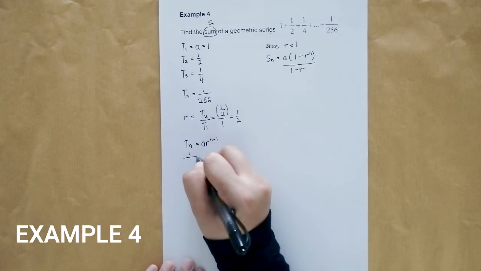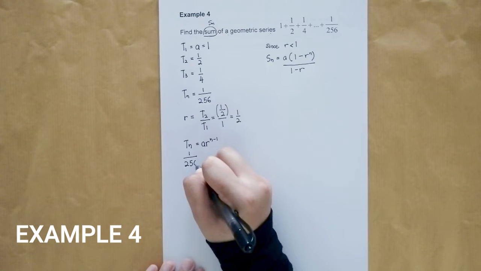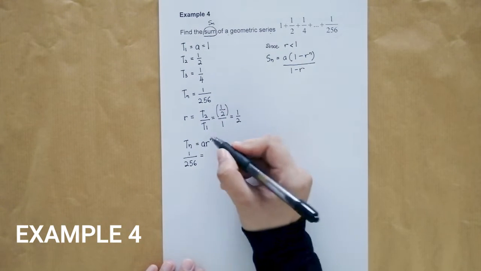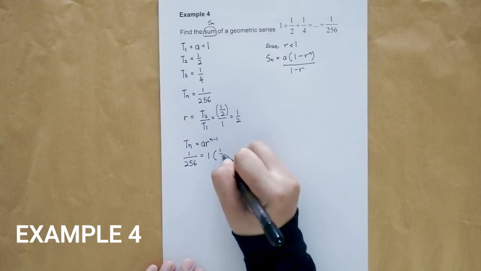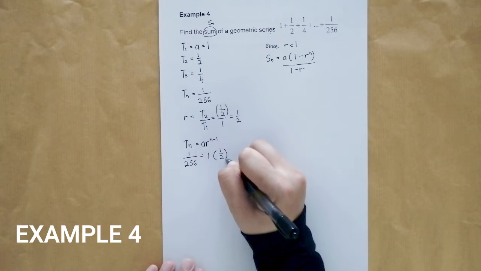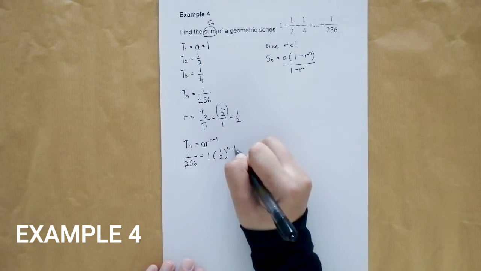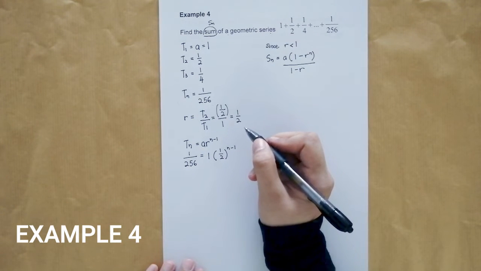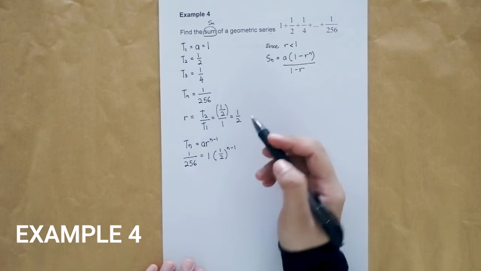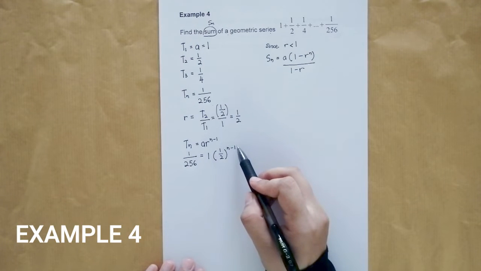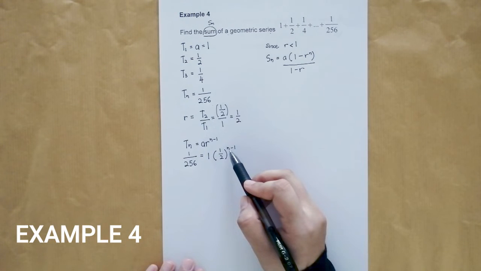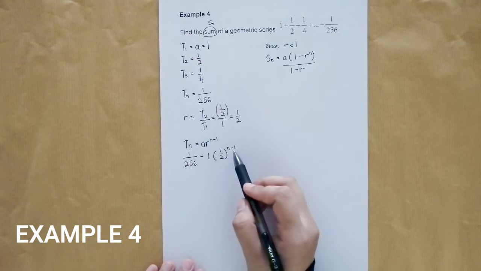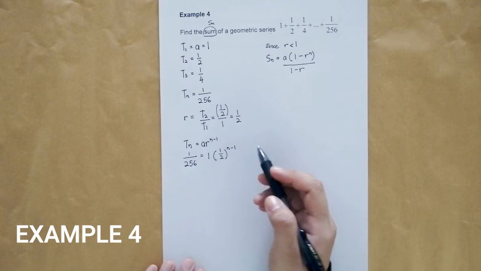We have 1 over 256 equal to 1 times 1 over 2 to the power of n minus 1. Okay, here we have n, the unknown, as a power. So you can use log on both sides to find the value of n.